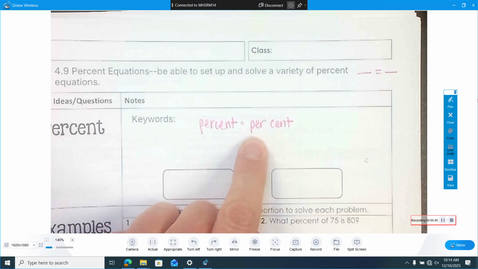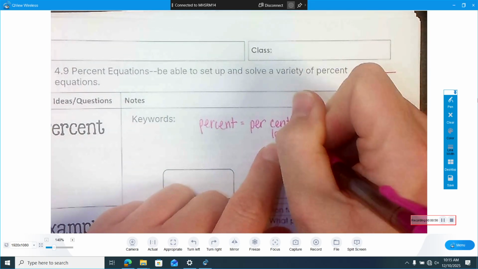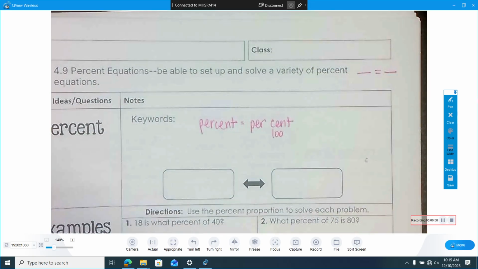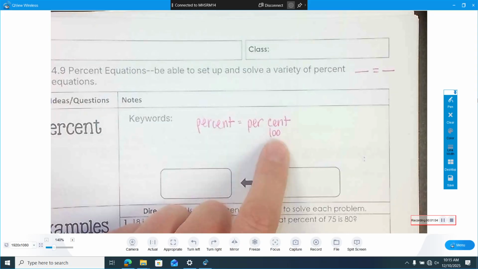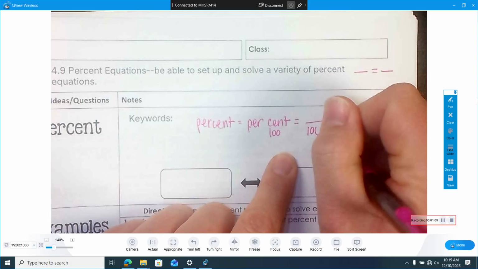When we think of the word cent, like 47 cents, how many cents are in a dollar? 100, yeah. Century is 100 years, 100 pennies, 100 cents make a dollar. And so per cent literally means per 100, okay?